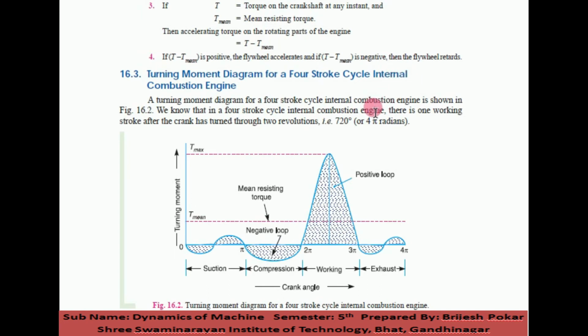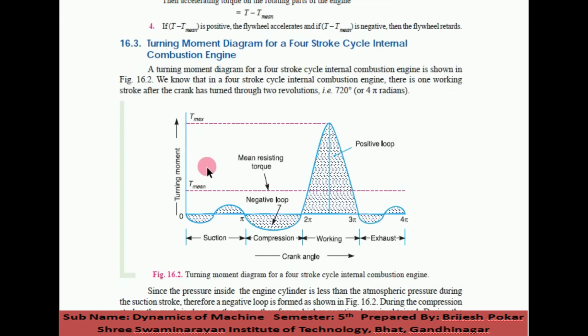Another thing, the turning moment diagram for the 4-stroke cycle internal combustion engine, IC engine. You have studied IC engine in elements of mechanical engineering. So this is the turning moment diagram for a 4-stroke IC engine. The first stroke is the suction stroke, and during suction the turning moment and crank angle behave like this.